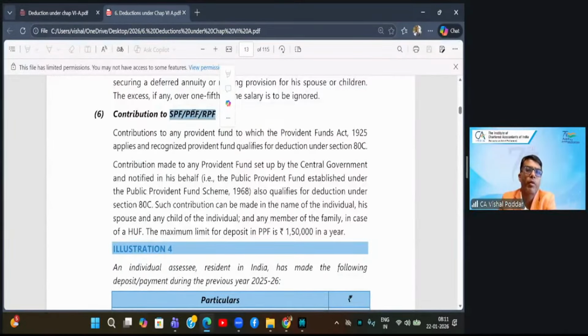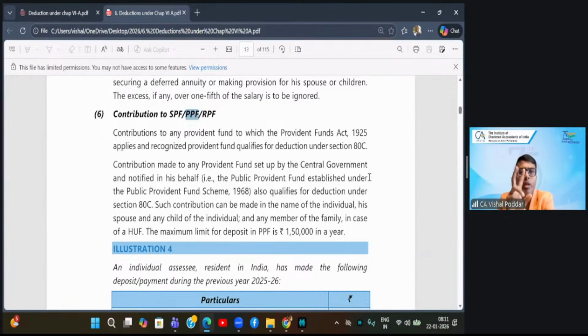Similarly, you have another provident fund which is applicable to everyone. For this, you need not be an employee. It is applicable to everyone. Even I, as a self-employed person, have this provident fund which is called PPF, Public Provident Fund. Again, whatever I deposit in this provident fund, that is eligible for deduction.